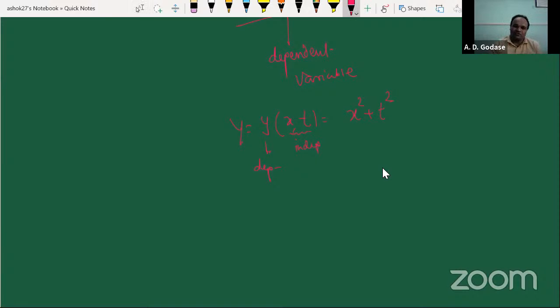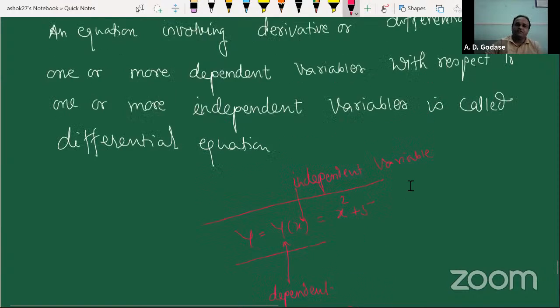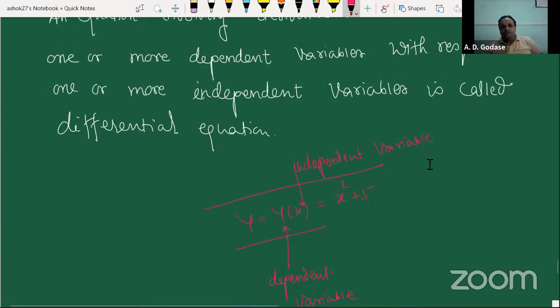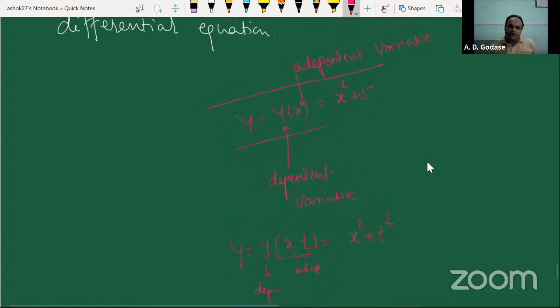That differentiation will be partial differentiation: dou y by dou x, and dou y by dou t. These are called partial derivatives.